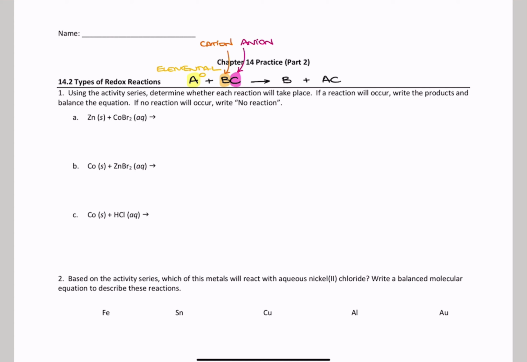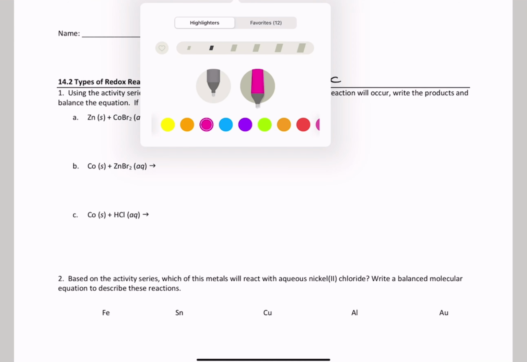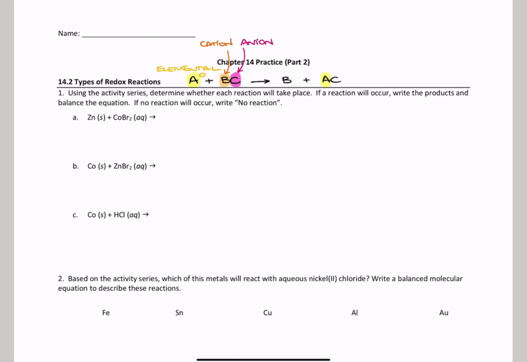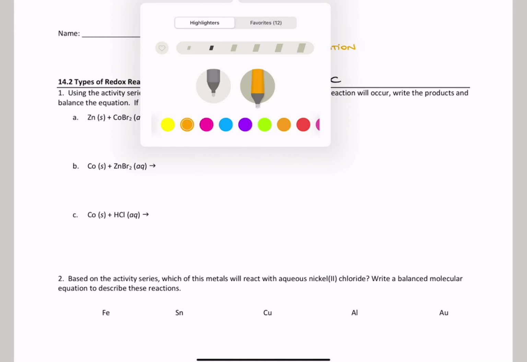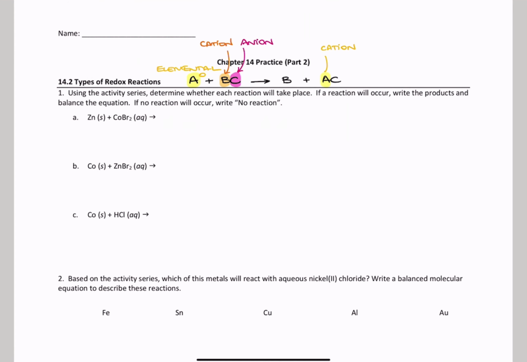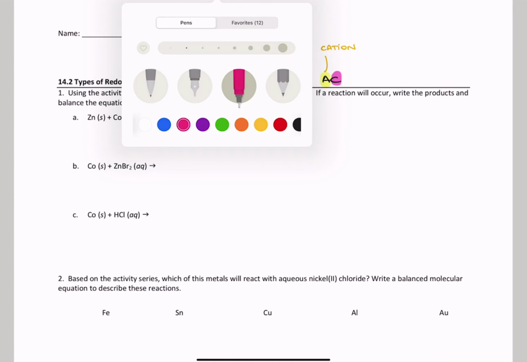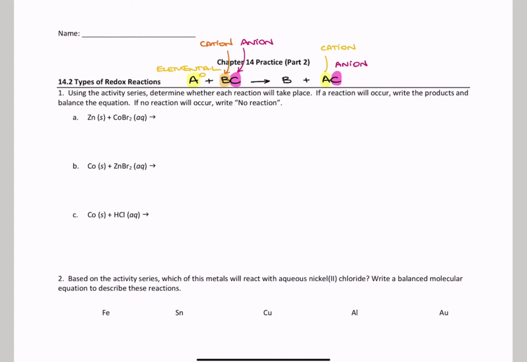What will be happening is that the elemental A will take the spot of the cation B, so elemental A becomes now cation A, and cation A is associated with the same anion C. But now the cation B became elemental B. So it went from the ionic form to the elemental form.